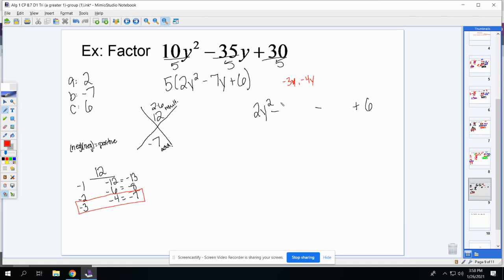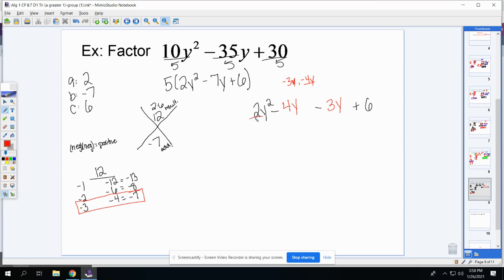It will work either way, but I would rather we put them where it looks best. So 2y squared minus, hopefully you guys can see 2 and 4. Those numbers obviously go together pretty well. And 3y and 6, 3 and 6 go together as well. So 2y squared minus 4y minus 3y plus 6. That's going to be our equation.